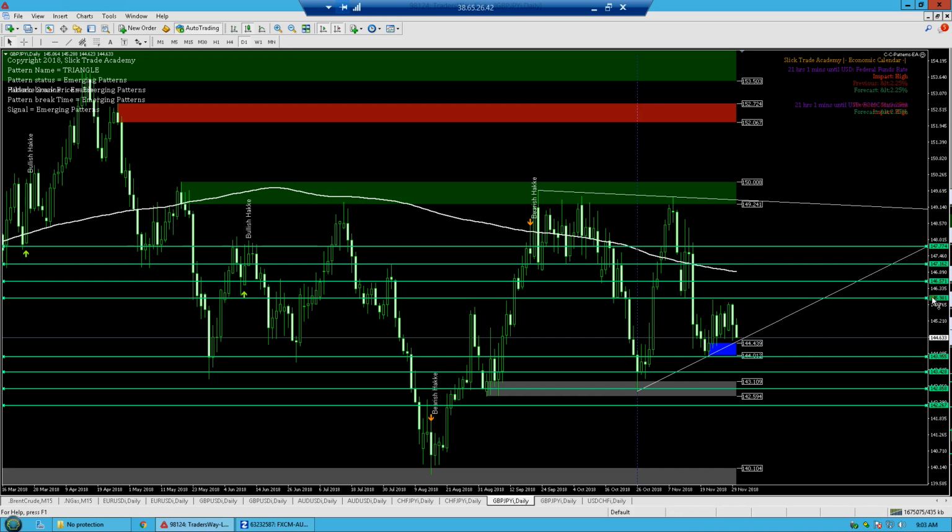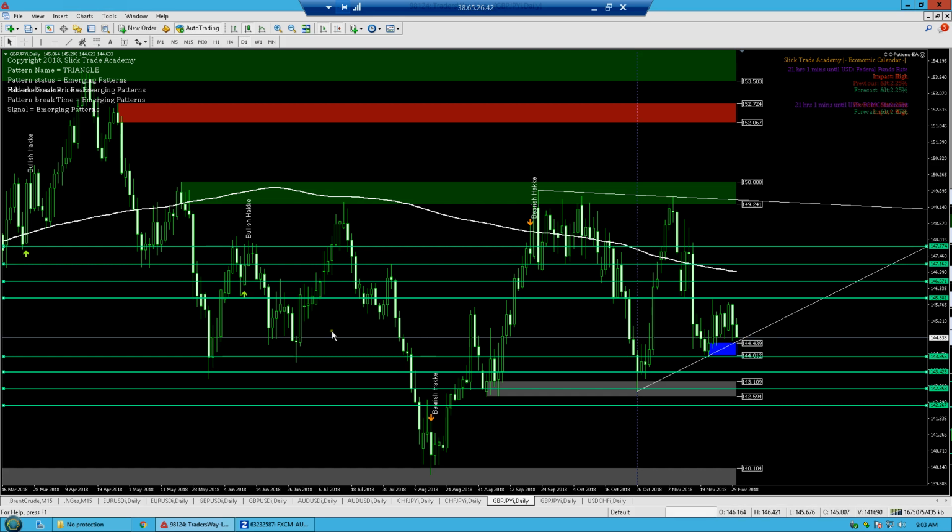The high being 145.981 and the low being 143.955. Now, if we see a break to the upside or a break to the downside and it holds, okay, and what I mean by that is if the next candle breaks up and then comes right back down, okay, and creates a doji or something like that.